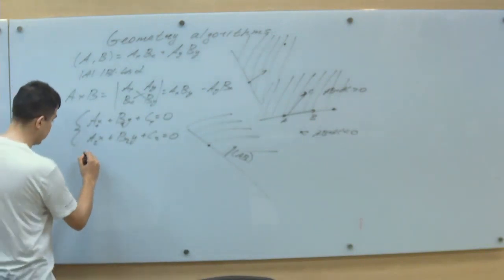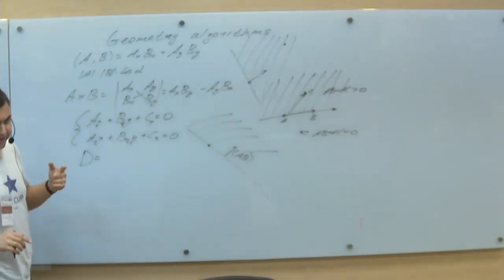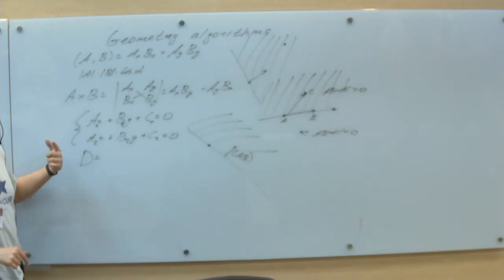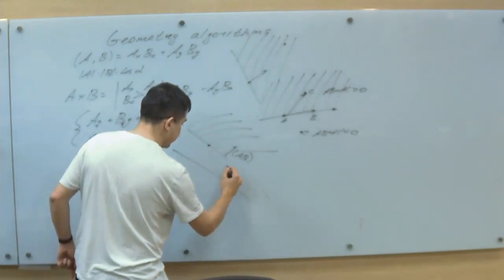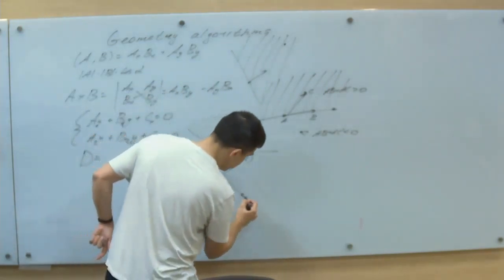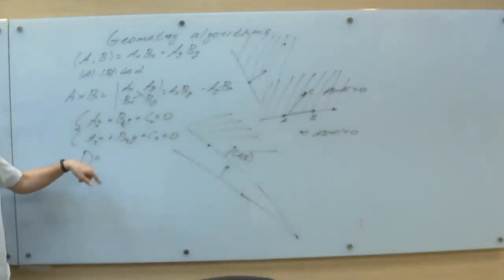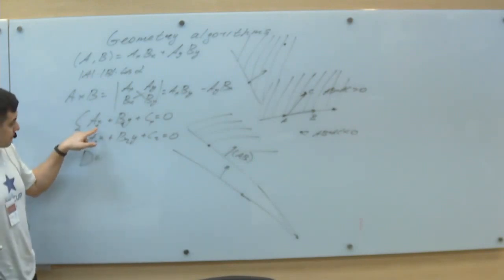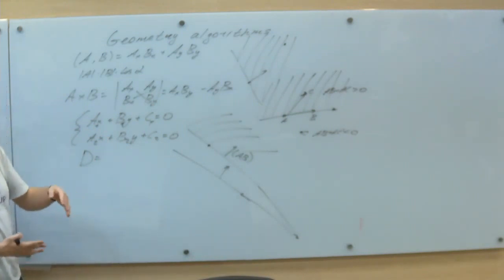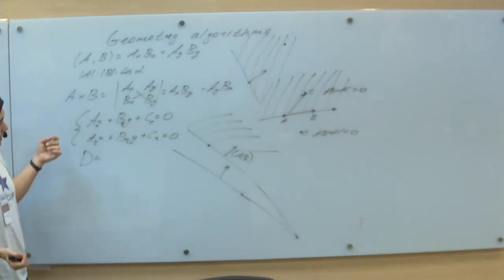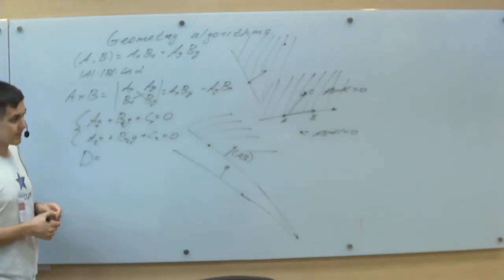So we compute the 2x2 determinants of these two normals, and if two normals of two lines are not parallel, then they intersect at exactly 1 point. And if the cross product of two normal vectors is 0, then we have some chances. So maybe these two lines are the same. This means that the intersection of these two lines is the entire line, and maybe it's empty if they are parallel but don't have any common points.